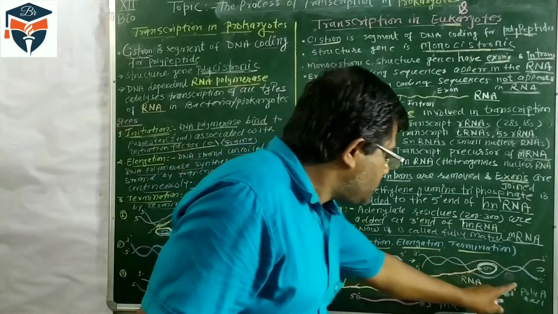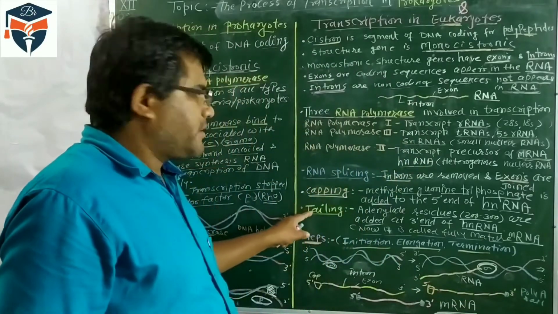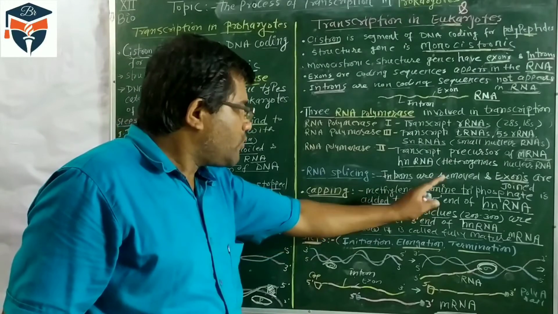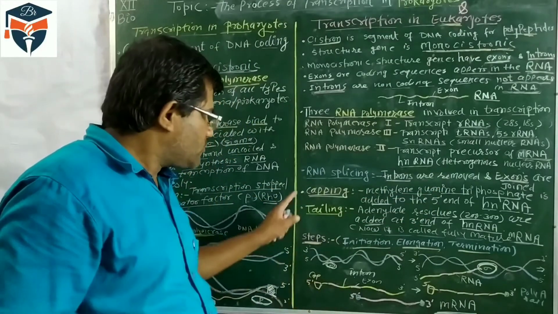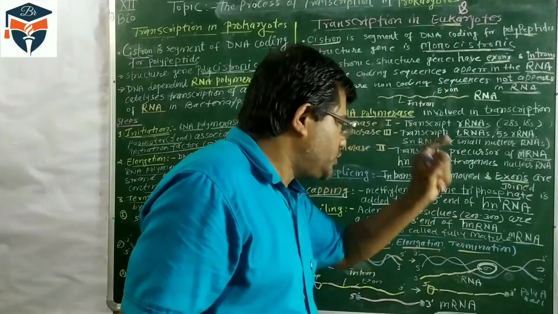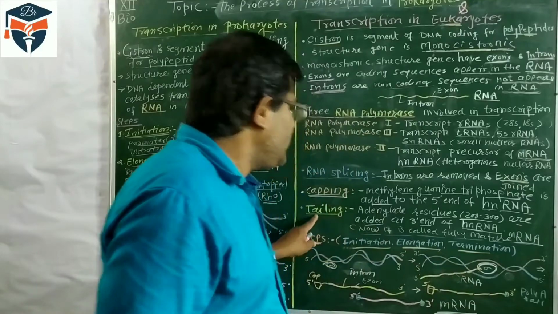So it is a polyadenylate tail, and this process is called tailing. Capping is adding methylguanine triphosphate on the 5' end, and tailing is adding adenylate residues on the 3' end of the RNA.